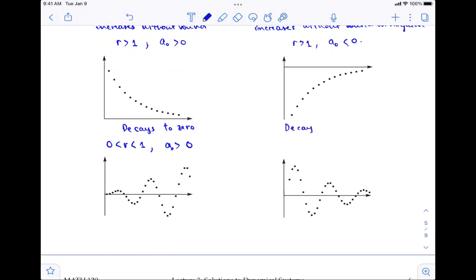Now this is going to decay to 0 as well, but the value of A0 is negative, right? So R is between 0 and 1, and A0 is less than 0.